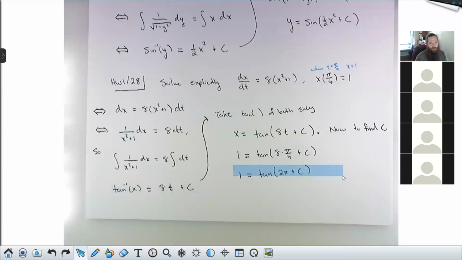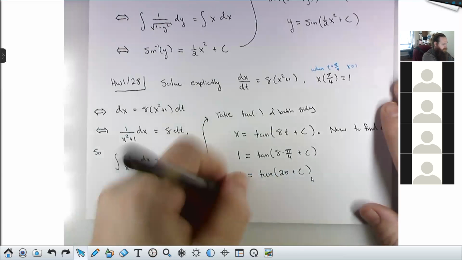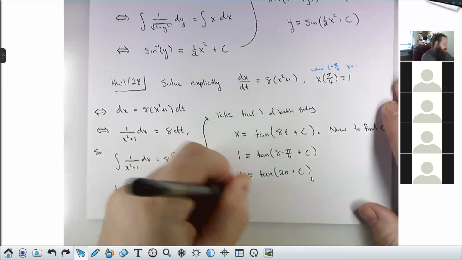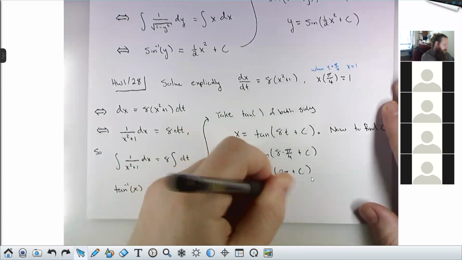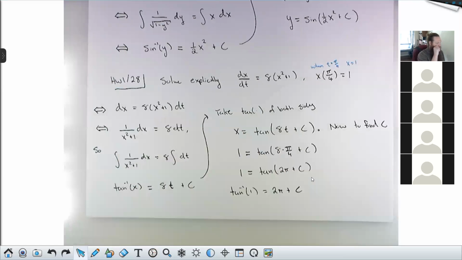To solve this expression for c, I would have to take the inverse tangent of both sides. So I get inverse tangent of 1 is equal to 2 pi plus c, which is where we would have been right away if we started from here when solving for c, but they wanted an explicit solution, so going to this step was necessary at some point anyway.